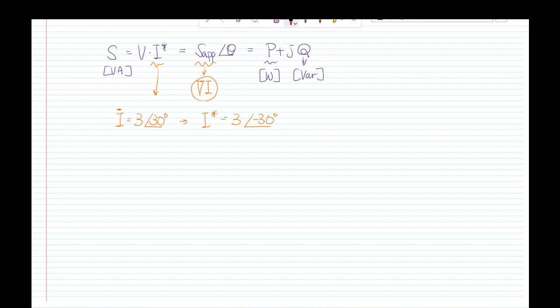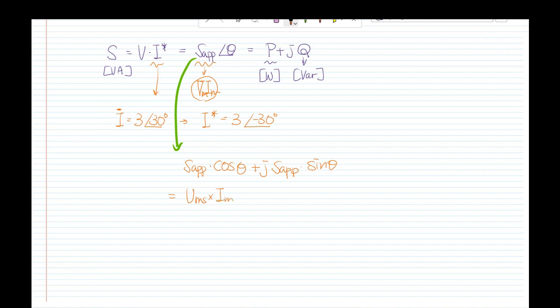Okay. And then also, going from the polar form to the rectangular form, we can rewrite S sub APP as S sub APP cosine theta plus j S sub APP sine theta. So S sub APP is V sub RMS, I'm sorry, this is RMS, right?